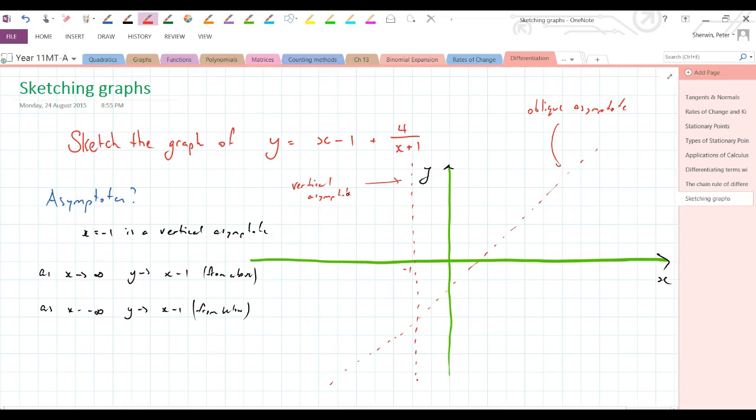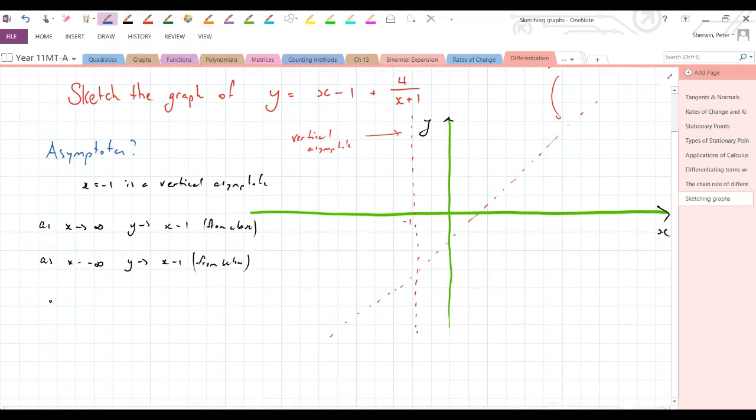Okay, so what else can we find out? What about finding out the intercepts? So axial intercepts. So where does it hit the x and y axes?